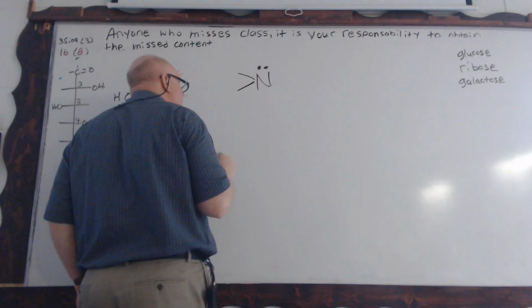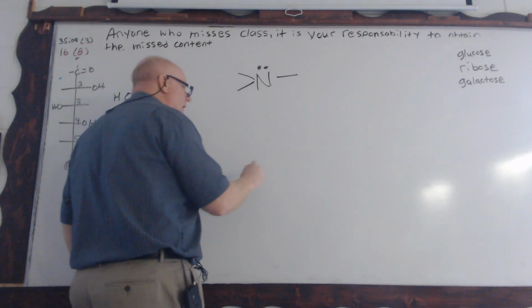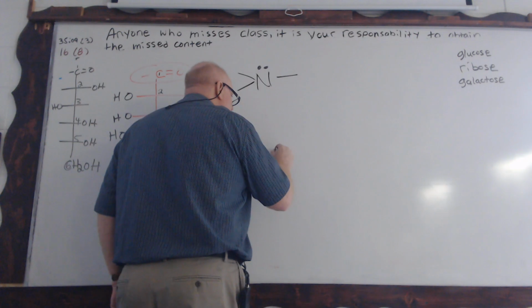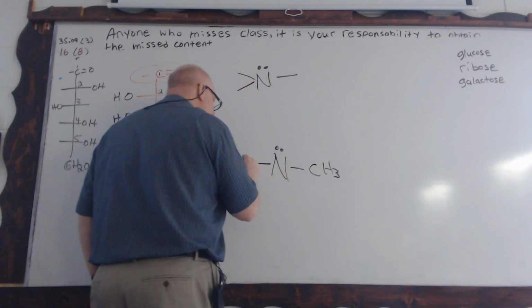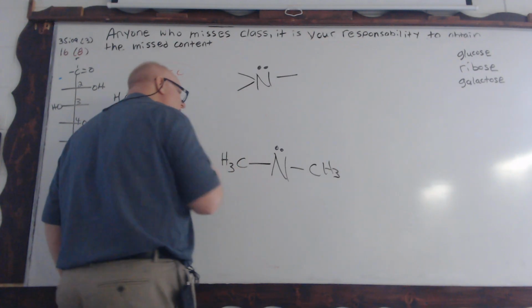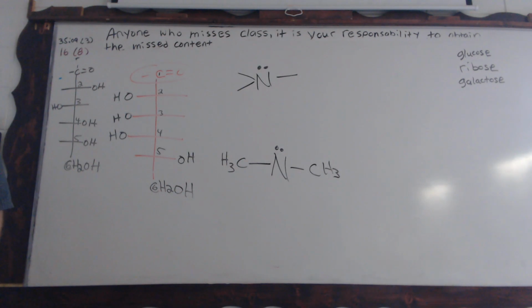Okay, so how would we know that you have these 3 bonds? Well, what type of group was this that we have learned previous to this? What organic family is that? No, because you don't have a COOH group on it.